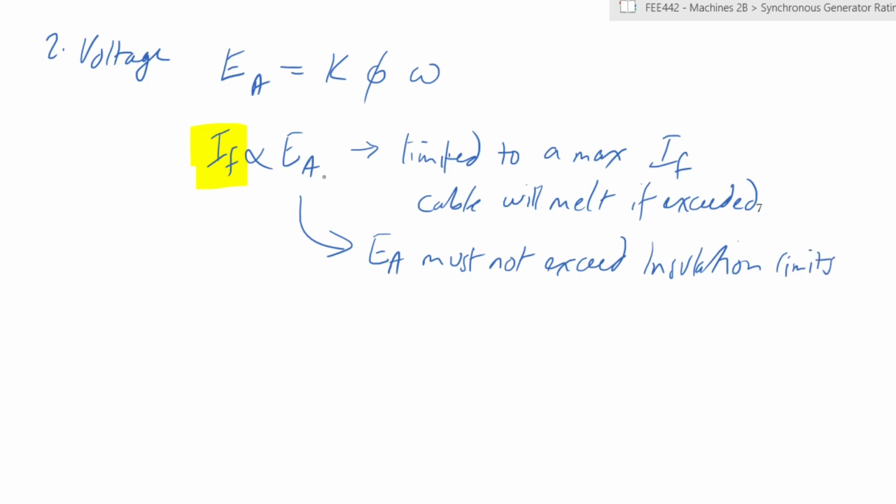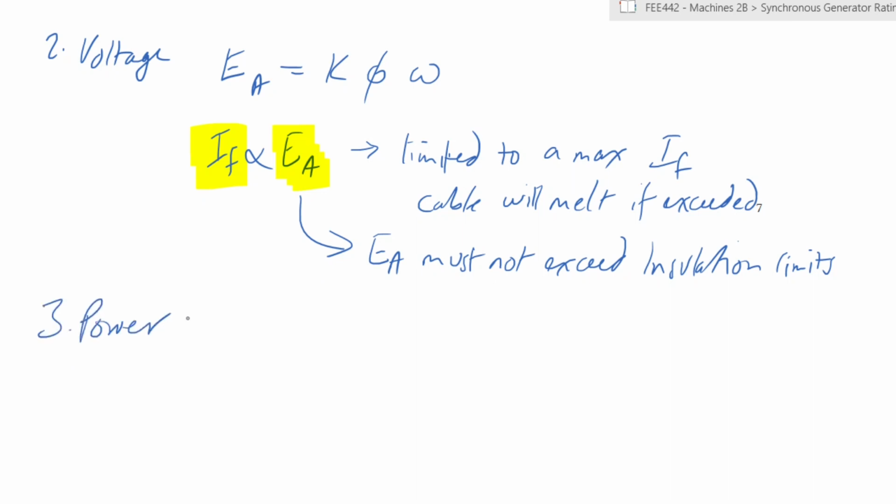Those are the two limitations to do with voltage. Voltage is directly proportional to the field current, so there's a limitation on the maximum field current that you can have. At the same time, there's a limitation on the maximum voltage that can be present within the machine.